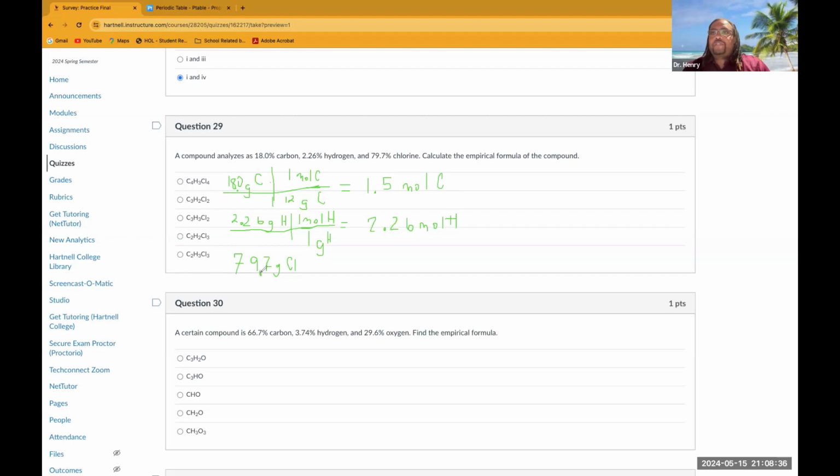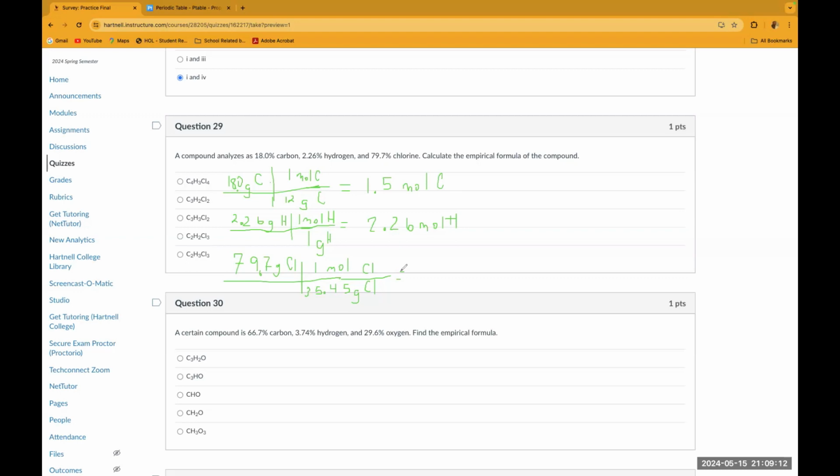The molar mass of chlorine, 35.45. This should be 22.48.